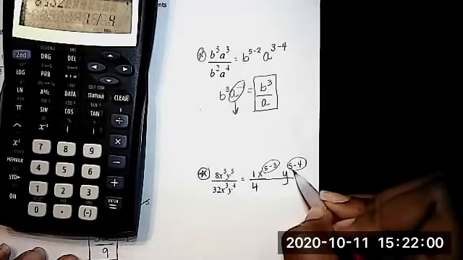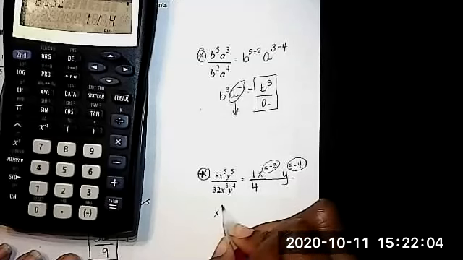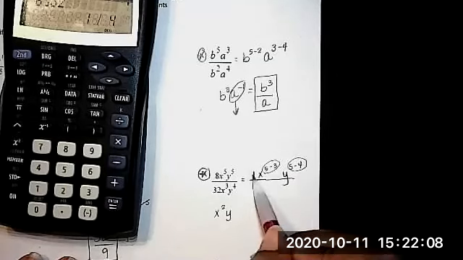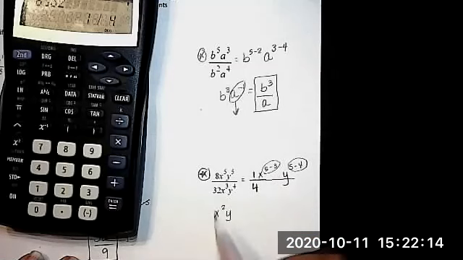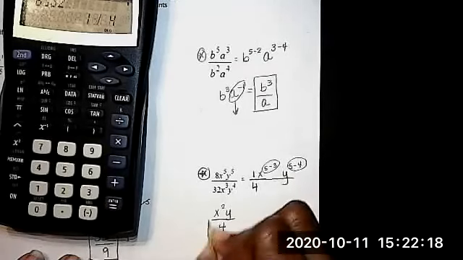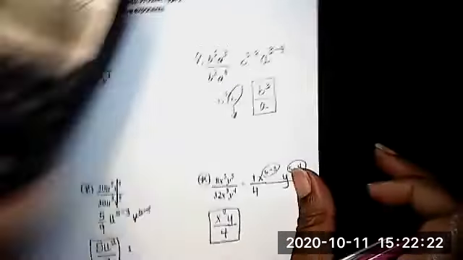That becomes 1. So on top, you'll have x squared, y to the 1 power, okay? The 1 can go away. If there's nothing left up top, imagine there's nothing up top, then you'd have that 1 up there. But in this case, x squared y is up top, and then the 4 is at the bottom still, okay? So we're just following our rules.